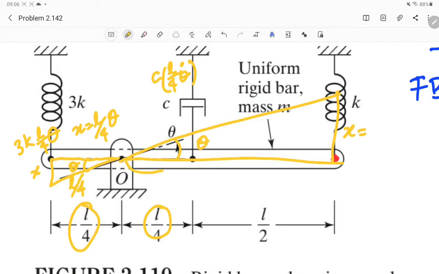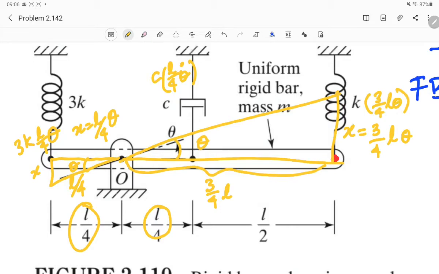If you add this up, you get 3/4 L. So the displacement for the k is 3/4 L theta, and the force is k times 3/4 L theta.